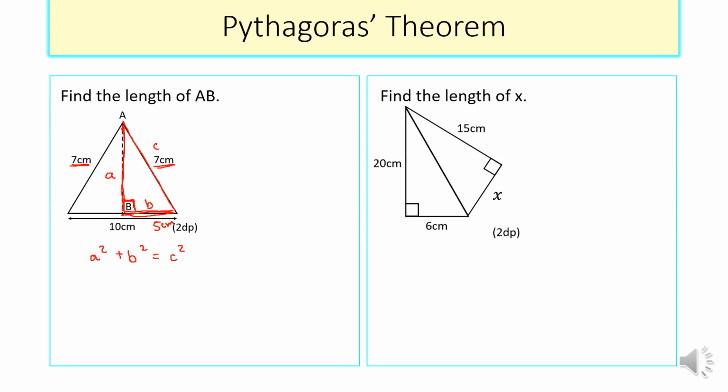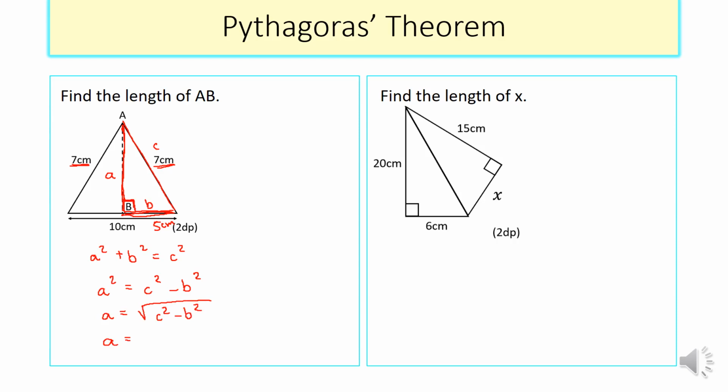And now, because I'm trying to find one of the shorter sides, I'll have to subtract. So to find A squared, I need to take away B squared from C squared. Remember that you have to square root your answer.